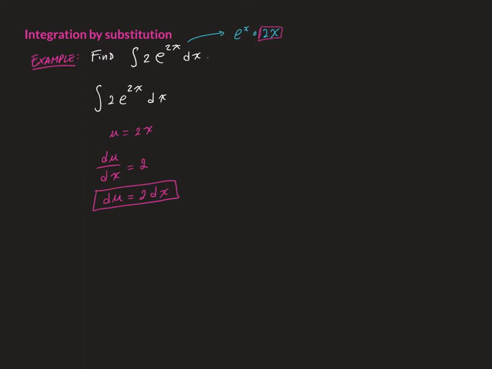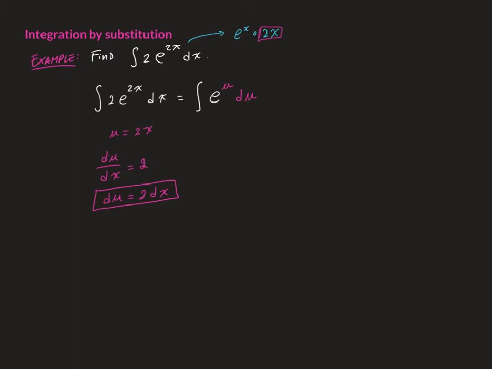Now I'm going to do the substitution, meaning I get the integral of e to the power of, but instead of substituting 2x, I'm going to substitute u. And instead of writing 2 dx, I'm going to substitute 2 dx with du. So that's going to be du.